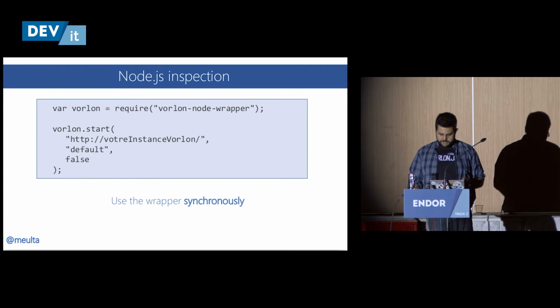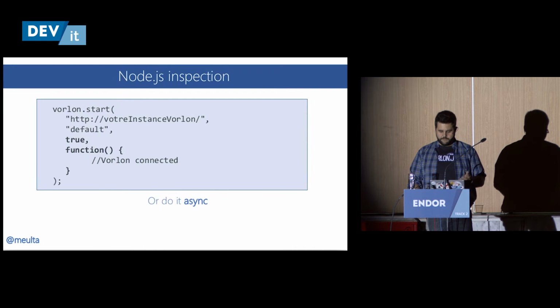So I've deployed this. Here I can use a debugger locally, like this is Visual Studio Code, but there are plenty of them, to go step by step and understand the problems and see the console.log, for instance. But when I've deployed that on a server, let's say I've done this already here, I have a Vorlon.js instance here, which is this one, and there is nothing there for now.